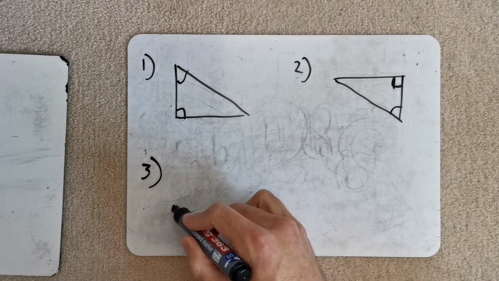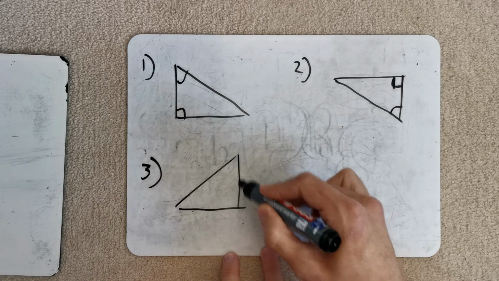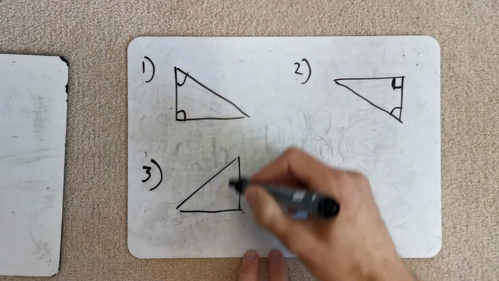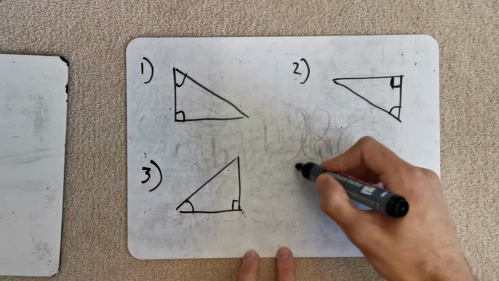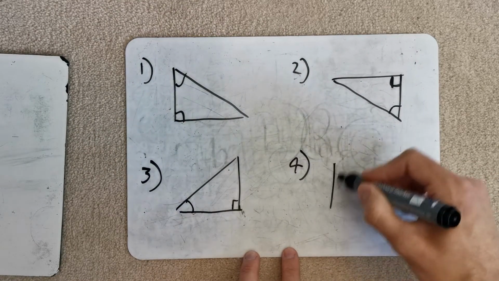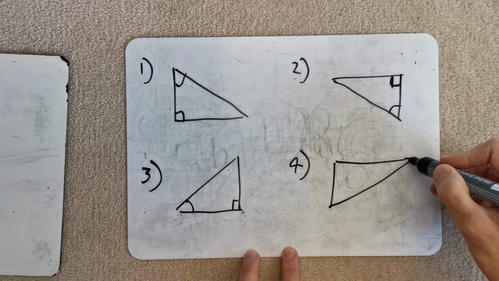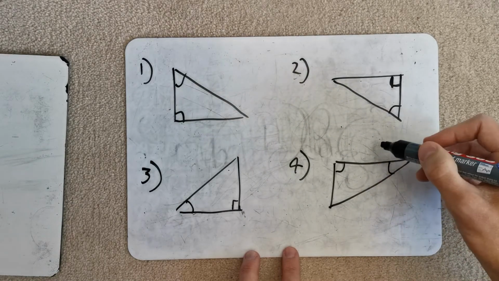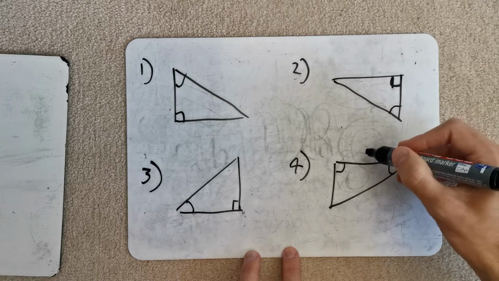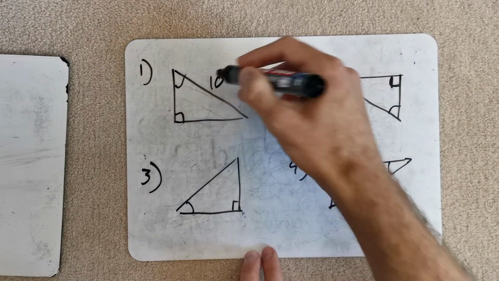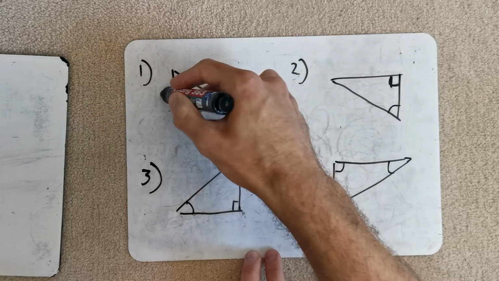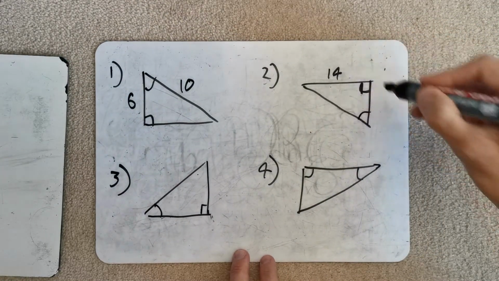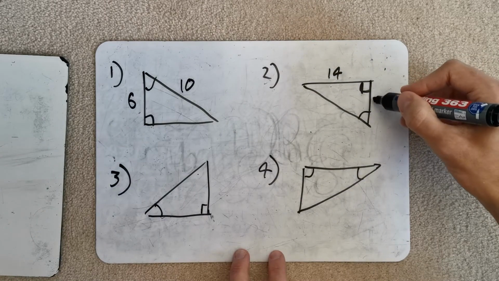Okay, so see which one you're going to do there. What shall I do here? Let's go for this one. Let's do this. And let's go for this. Now, I haven't labelled them anything yet. So let's say that this one's going to be, we'll start with that one, 10 and 6. Let's say this one's going to be 14 and 10.